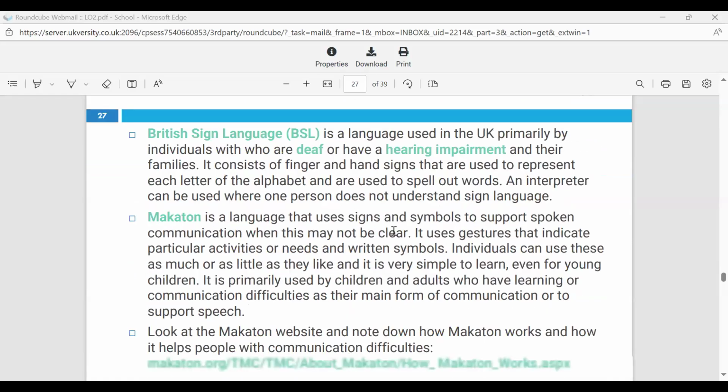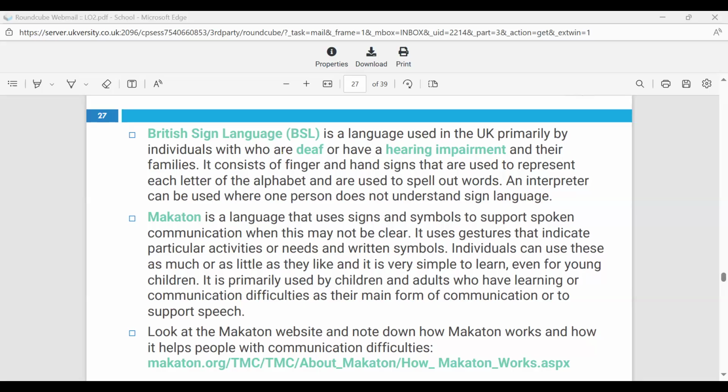So we've got sign language and Makaton. British Sign Language is used primarily in the UK by people that are deaf or have a hearing impairment. It's a naturally evolved language with its own grammar, the primary language of the deaf community, and it spells out and represents each letter for that individual, so that individual can use BSL to help them.